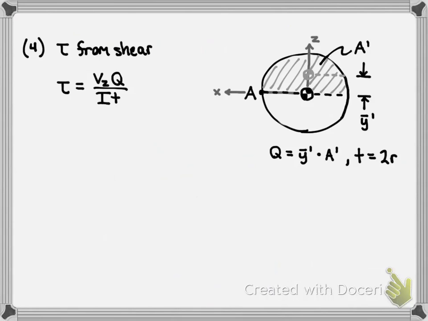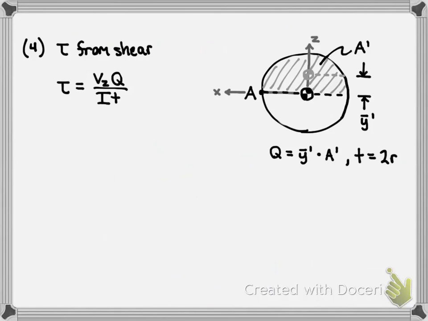Finally, we've got our shear stress due to the shear force. This is by far the most complicated of the four because of the variables that you use in solving for it. Earlier I said it's equal to VQ over It. Q is what we call y bar prime times A prime.